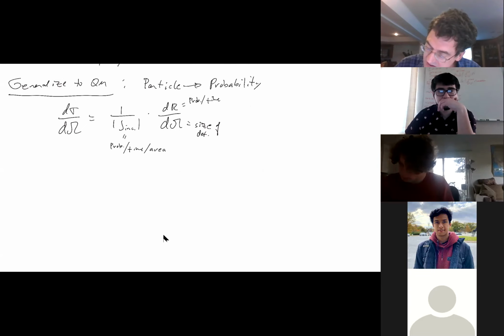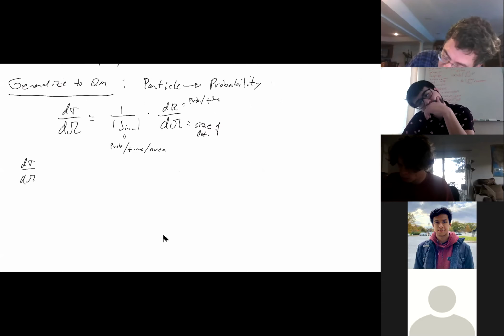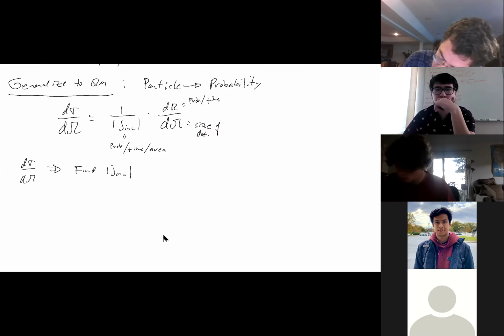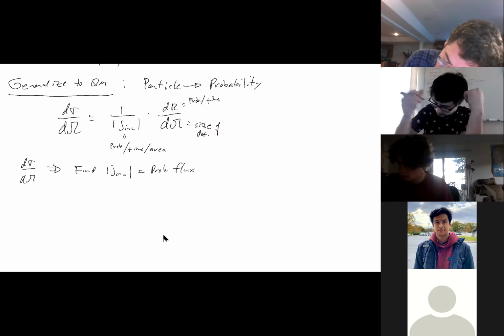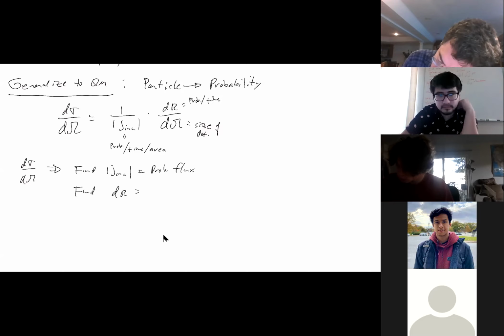And so to find d sigma d omega, and we did this last time, I did it really fast, so this is review, we have to find j, the incident probability flux, and we have to find dR, the probability per time.